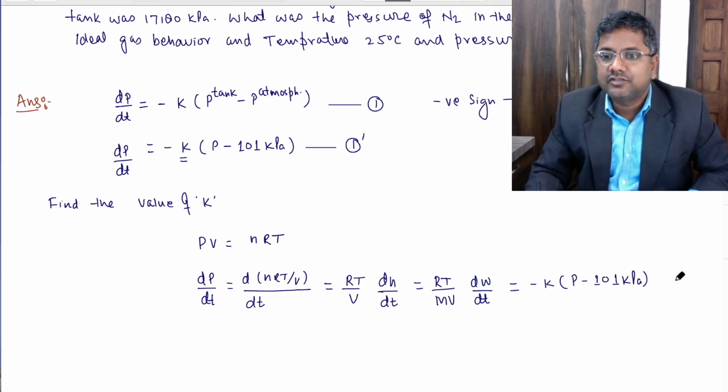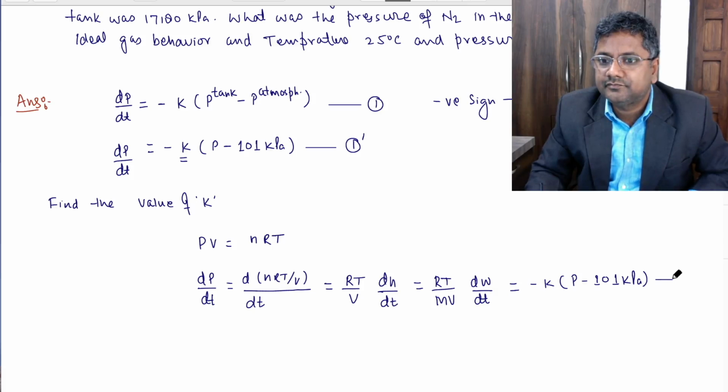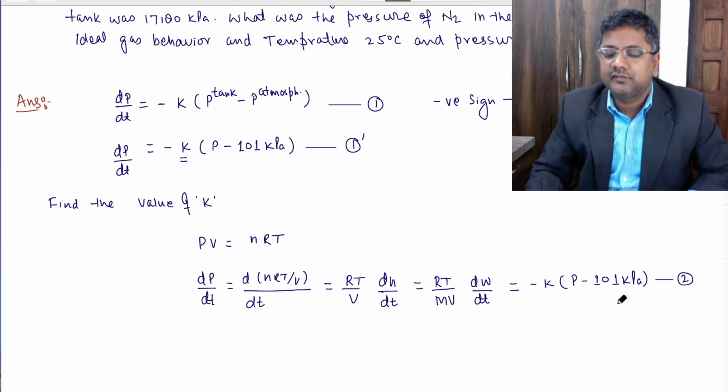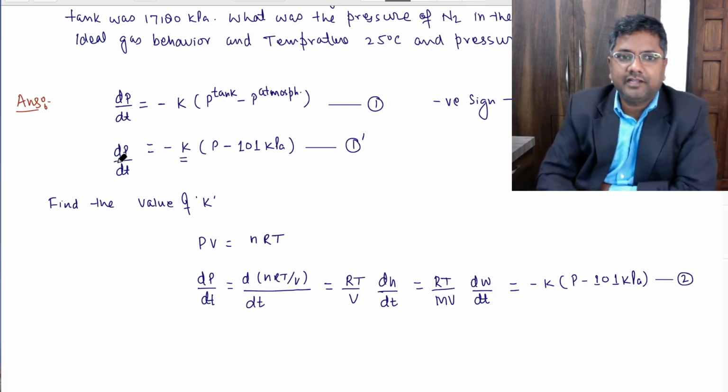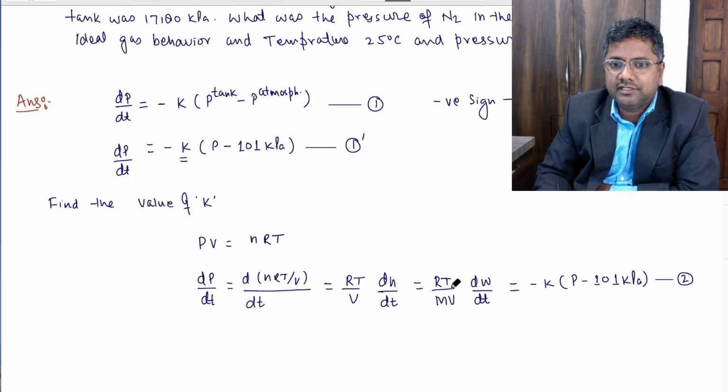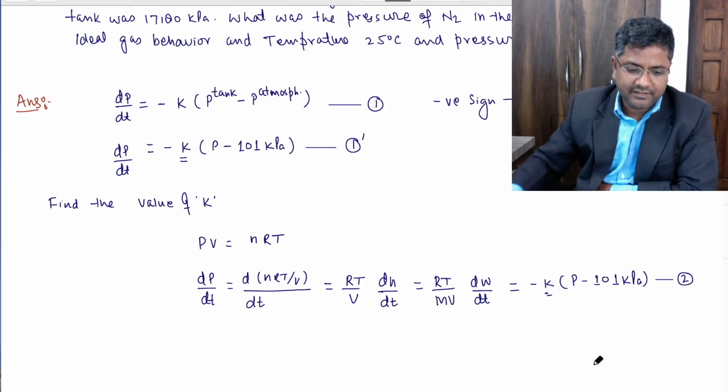So this is equation 2. Hopefully all of you are getting dP by dt is equal to RT by mV times dW by dt. All these things are known, so we can calculate the value of K.